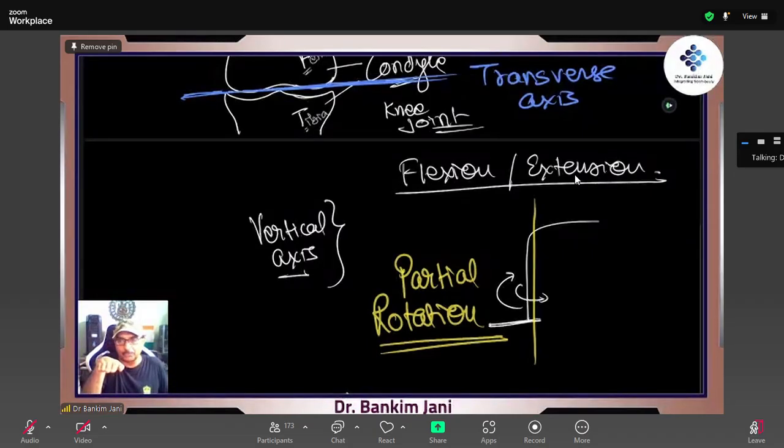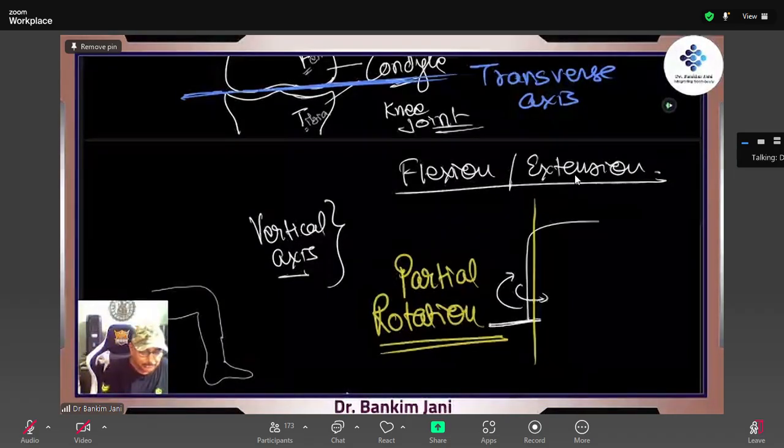Consider that's your foot. Try to move the foot medially, laterally. Can you? Without changing the flexion. Keep the flexion as it is. I mean, this is what I mean to say. This is your partial rotation. So this is what we are moving, right? This 90 degree flexion is fixed.